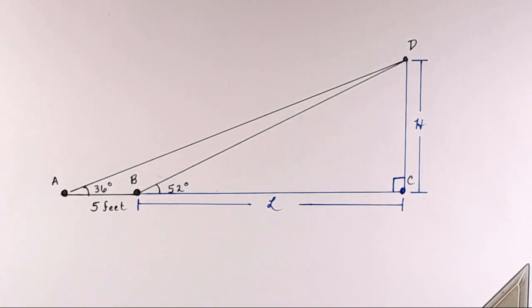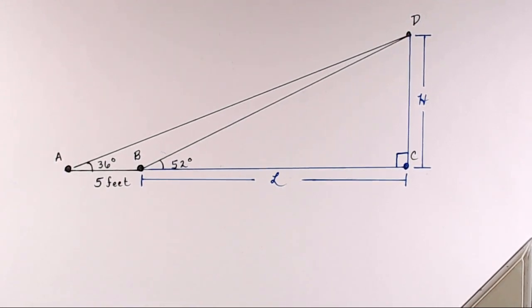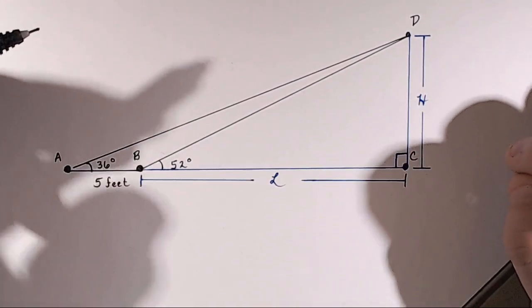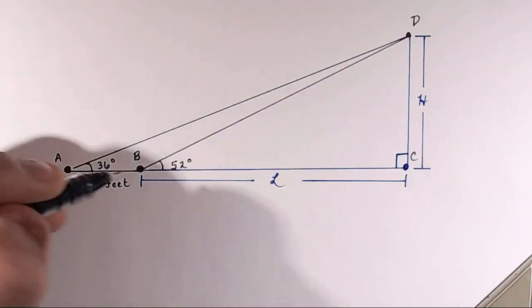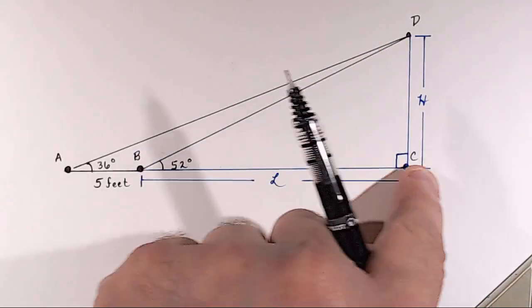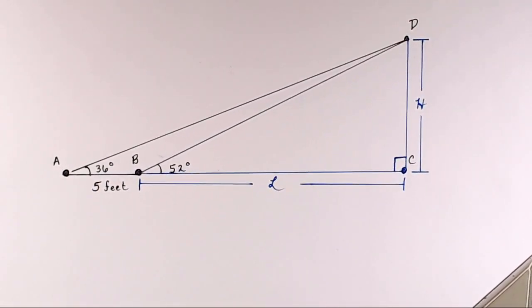Okay, so here's what we have to keep in mind. Let's think about our trigonometry formulas. What can we do here? Well, this triangle, DAC, this huge triangle here, has this DC as the height.